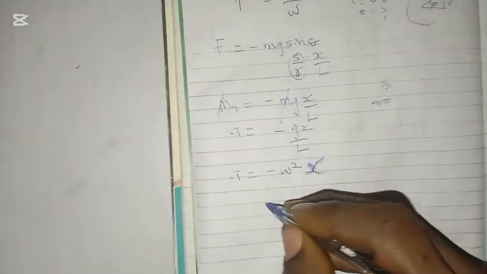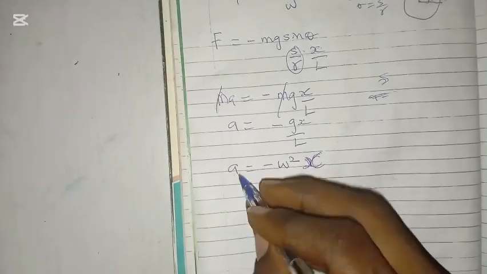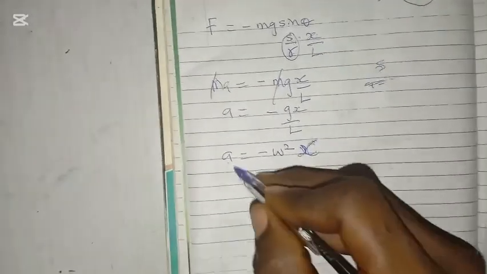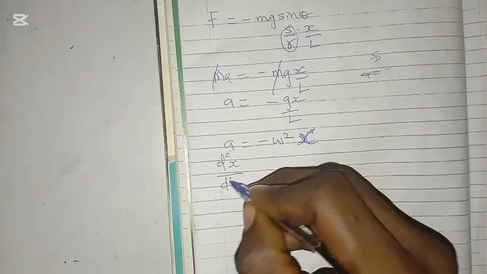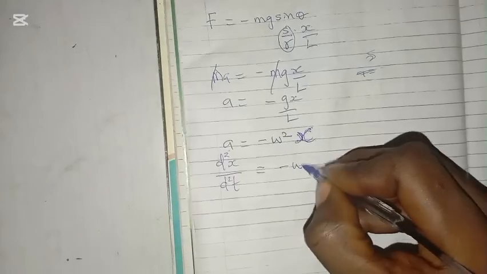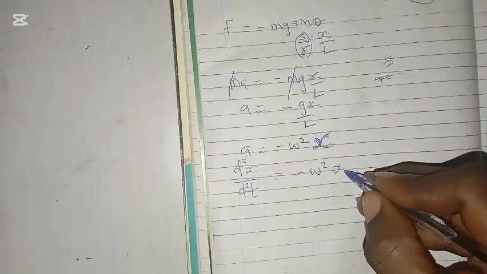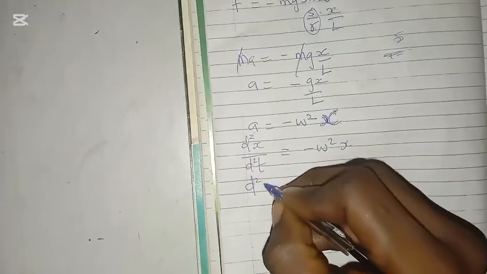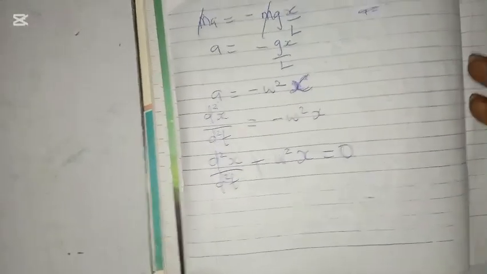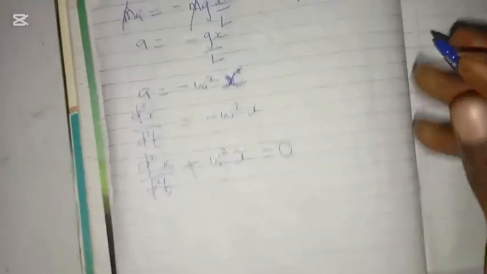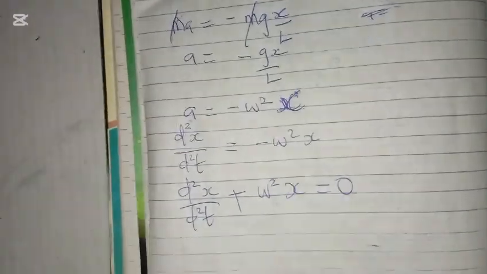So if I put this together, acceleration in terms of displacement is simply the second derivative of displacement with respect to time, equal to minus ω squared x. So I can simply say this is the same thing as saying d squared x over dt squared, crossing over, plus ω squared x equals 0. This is the popular equation for simple harmonic motion, but it's actually for the simple pendulum, and a simple pendulum is an example of simple harmonic motion.